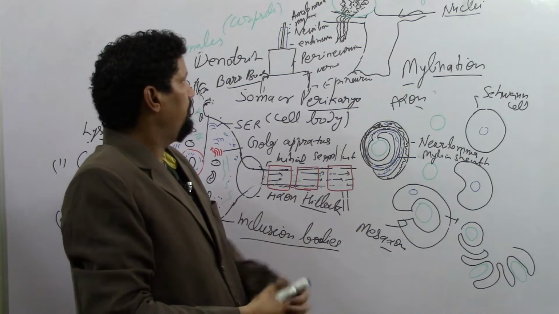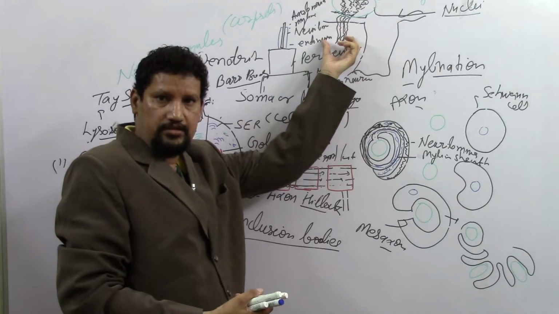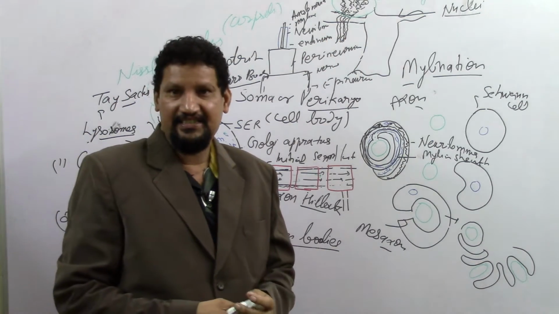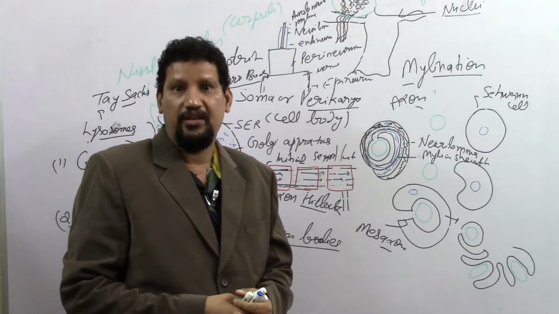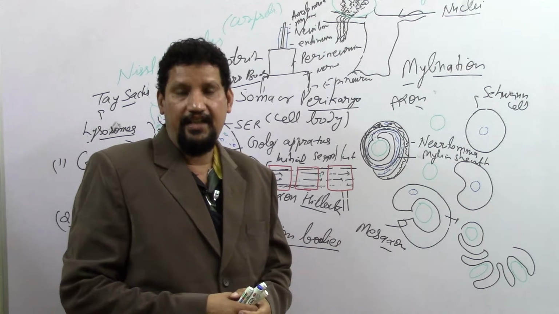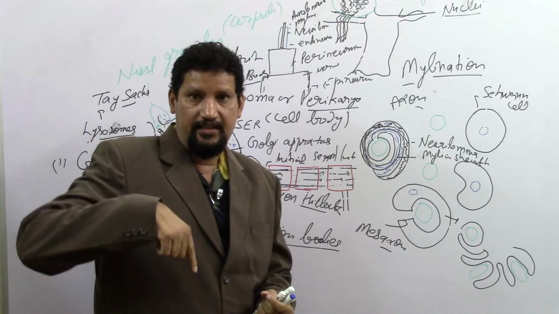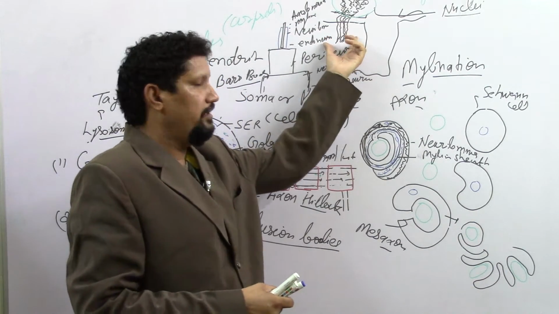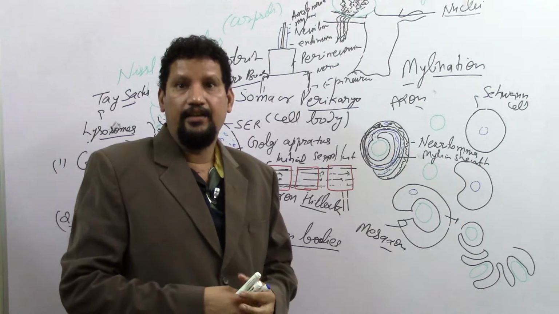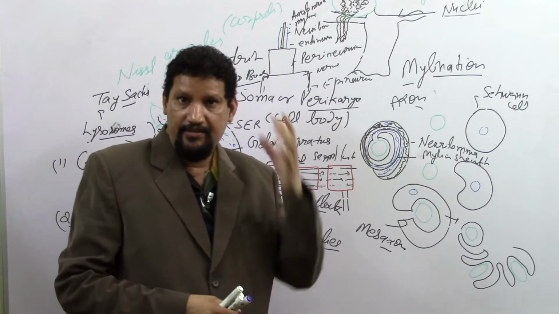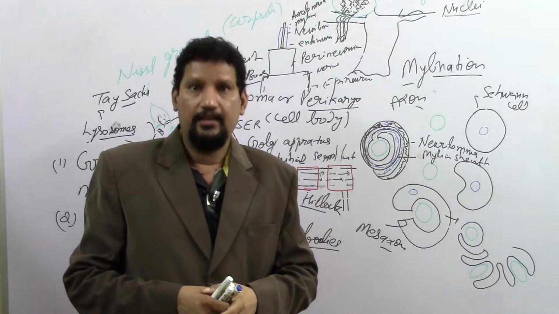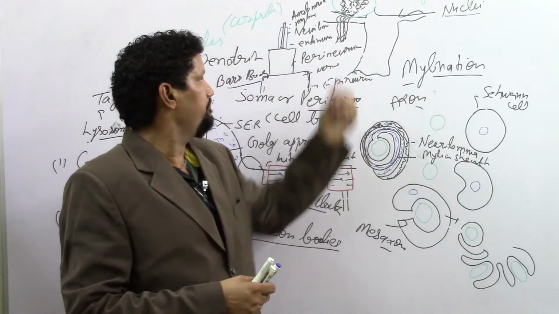This collection of the axons, or tails of monkeys, when it is seen inside the central nervous system, is known as tract in case of vertebral column, and in the peripheral nervous system it is known as the peripheral nerve. Either it may be a cranial nerve, a spinal nerve, or an autonomic nerve.